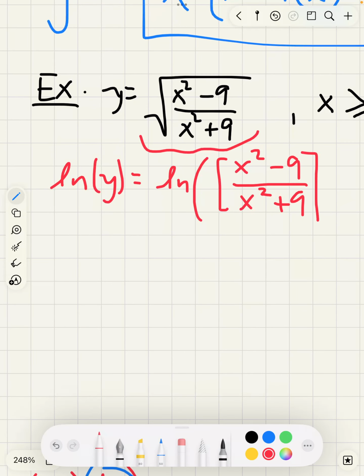And the reason that's helpful is because we have that log property. If I take the log of something to a power, I can rewrite that power as a coefficient. So now I just have 1/2 times the natural log of x squared minus 9 over x squared plus 9.